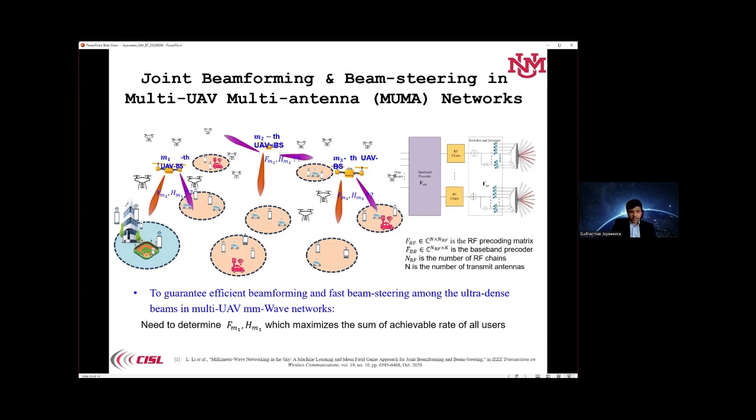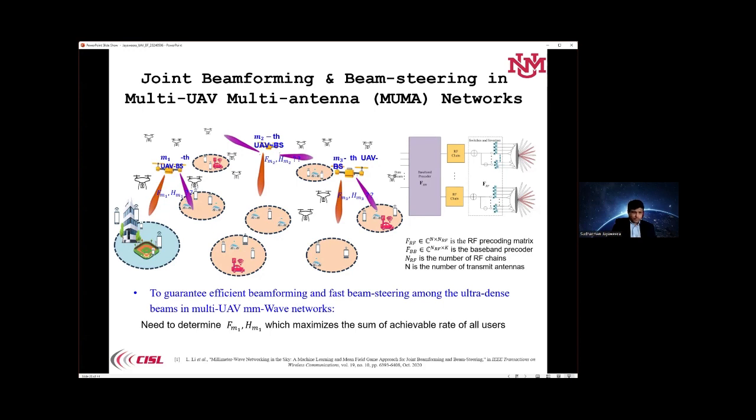In this one, the authors have considered joint beamforming and beam steering in multi-UAV, multi-antenna networks. That is, you have multiple UAVs, and each of the UAVs has multiple antenna arrays, the planar arrays. And now each of the UAVs is going to do both beamforming and beam steering, so that it can point the beams in the desired direction.